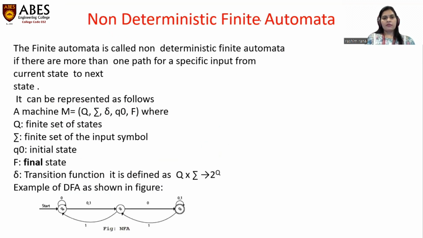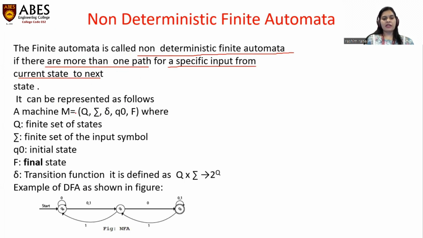What is non-deterministic finite automata? Let's discuss that. The non-deterministic finite automata is an automata which contains more than one path. The finite automata is called non-deterministic finite automata if there is more than one path for a specific input from the current state to the next state.